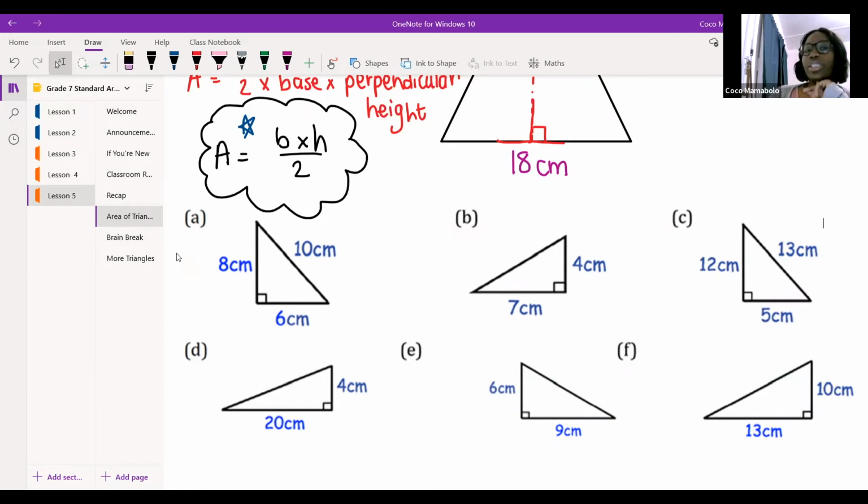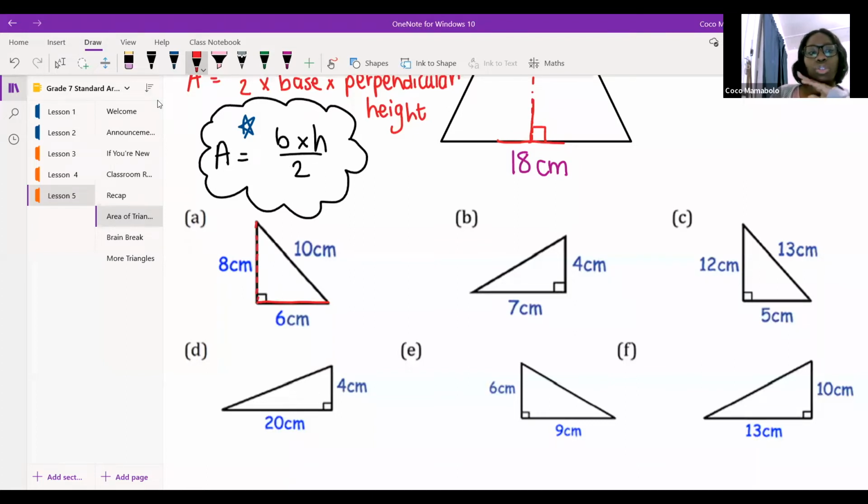No, not in this case. 10 is actually the hypotenuse. Remember when we have a right angle triangle, we call this side the hypotenuse? But we don't use the hypotenuse to calculate area. We only use the base of the triangle and the perpendicular height. That's all we use.